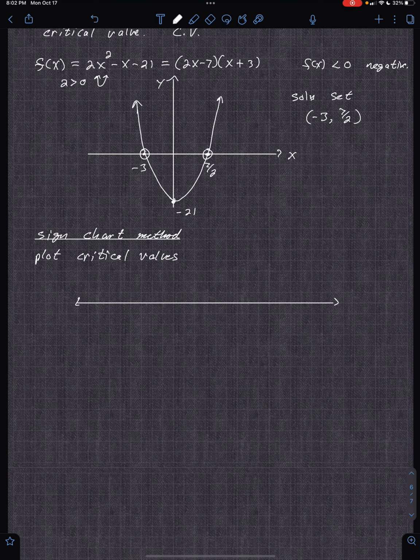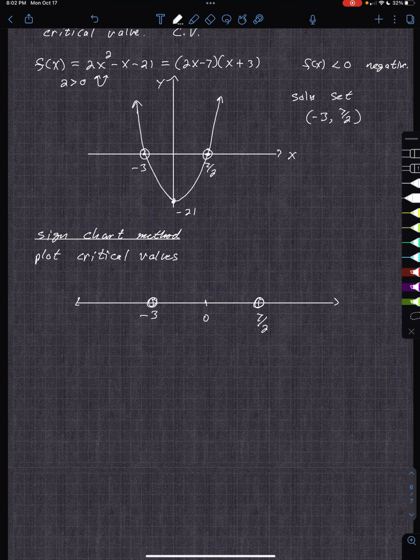So here's our number line. Draw it kind of big. And you plot your critical values, negative 3, you always want to label 0, and then plot 7 halves. Now, we already know we're not going to include those, so you put circles around those. Then you draw a dotted line below it, which is basically just separating your intervals, like a chart.